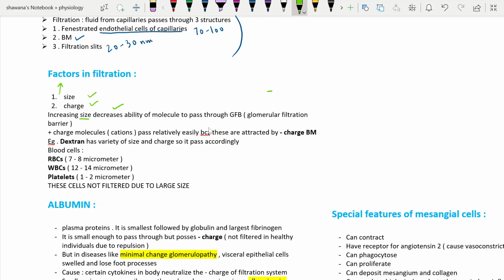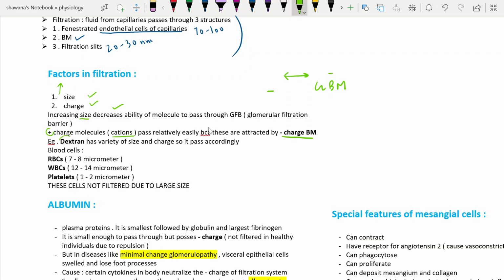If the charge is negative, and the glomerular basement membrane also has a negative charge, they repel each other. Increasing the charge negatively decreases the filtration. But positively charged molecules, the cations, can pass because the negatively charged basement membrane attracts them.